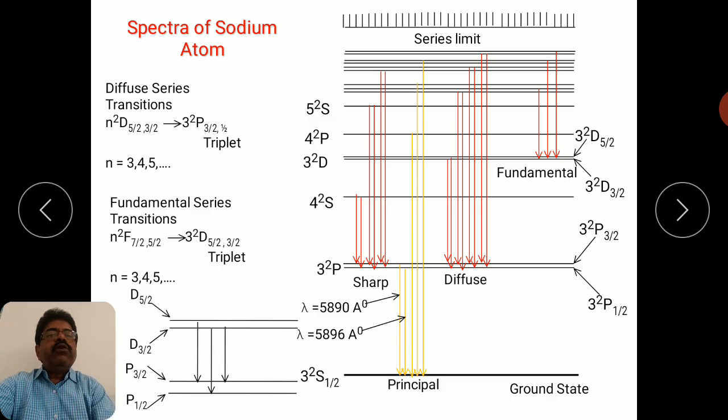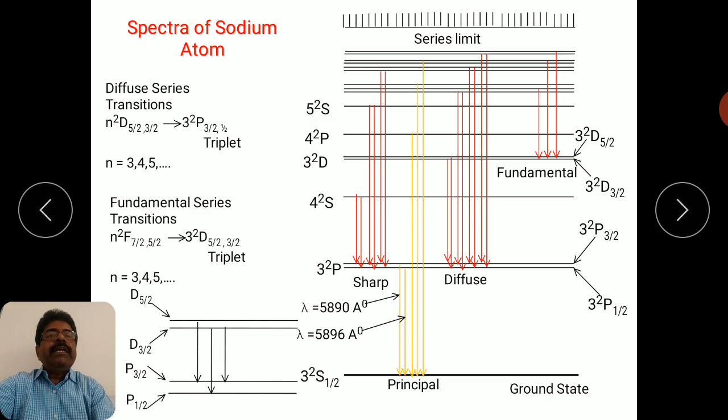The first arrow represents the transition from D 5/2 to P 3/2. The second arrow represents the transition from D 3/2 to P 1/2, and the third arrow represents the transition from D 3/2 to P 3/2. Okay. So all these are allowed. Why are they allowed?